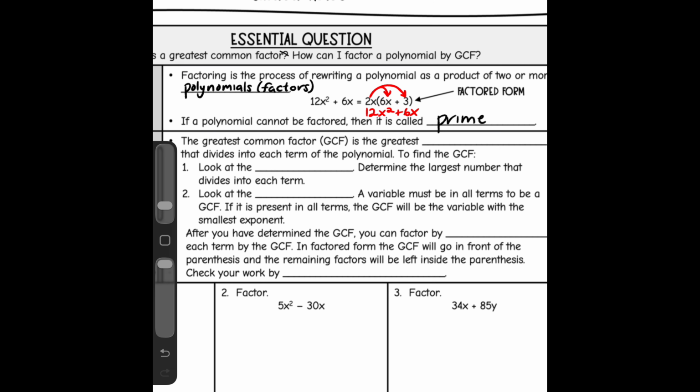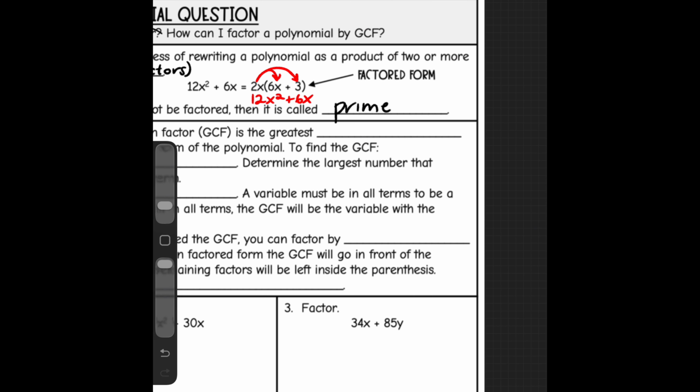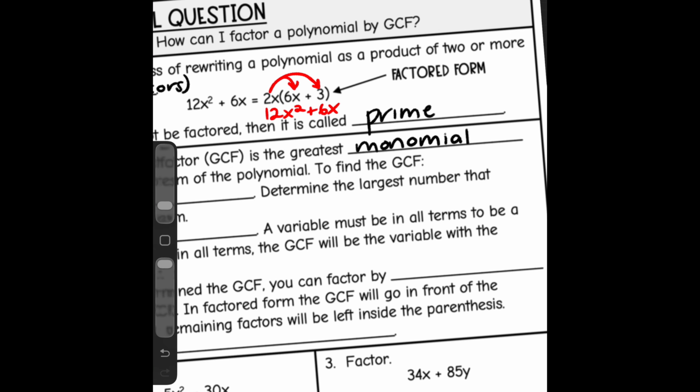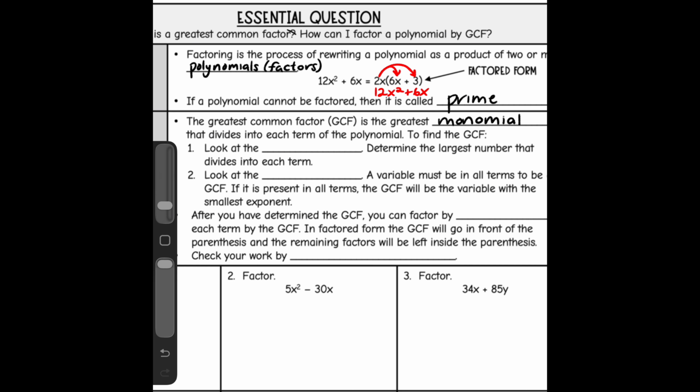So, the greatest common factor, or GCF, is the greatest common monomial. If you remember what monomial means, it's a term that has just one term in it, that divides into each term of the polynomial.